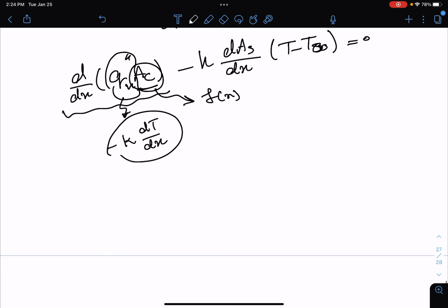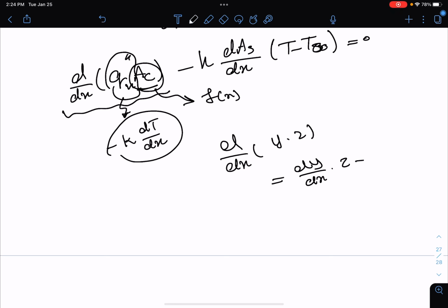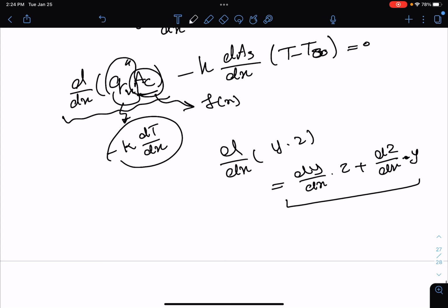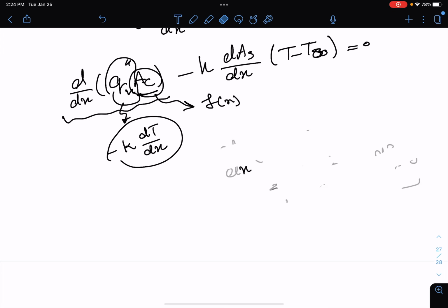That is correct. So d/dx of y multiplied by z is going to be dy/dx multiplied by z plus dz/dx multiplied by y. This is what you were referring to, right? Okay, so let's do this. Both of these are changing with x.